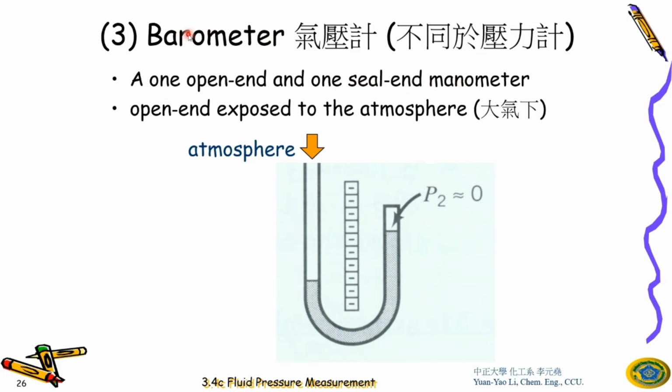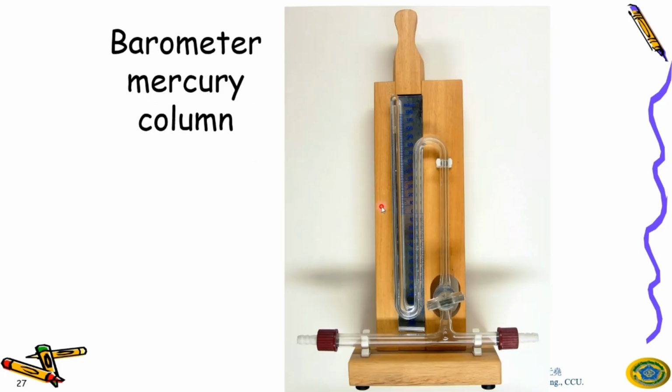This is called a barometer. When I was a PhD student, my research was related to pressure, so every day when I did my experiment, I needed to use this kind of tool to measure the atmospheric pressure, because 760 is an average.